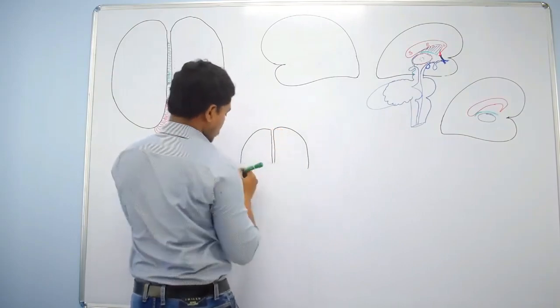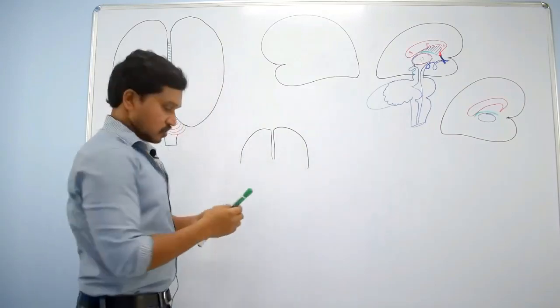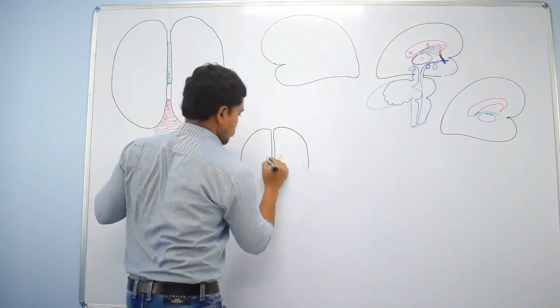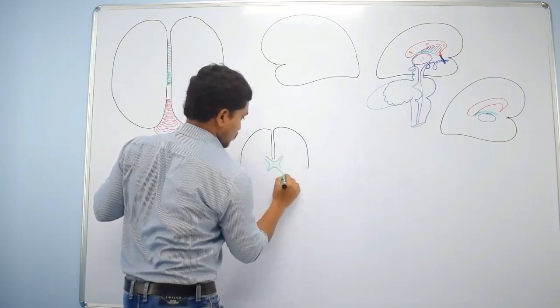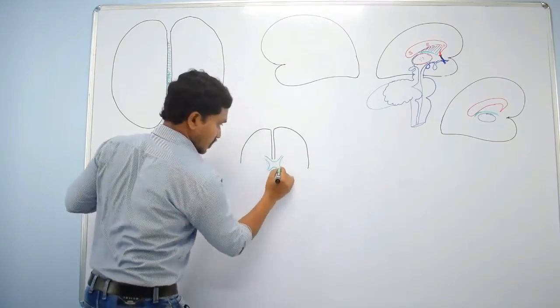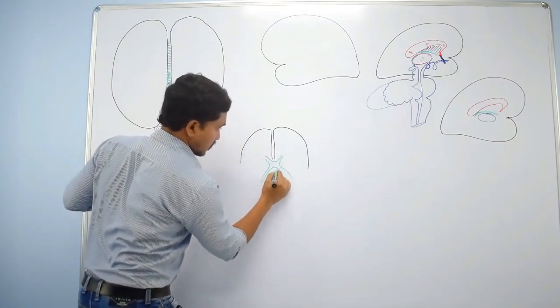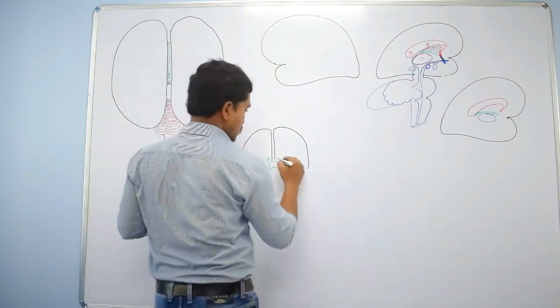In the inferior surface you can observe the optic chiasma, right? So here is the optic chiasma. In the orbital surface you can find one more structure.